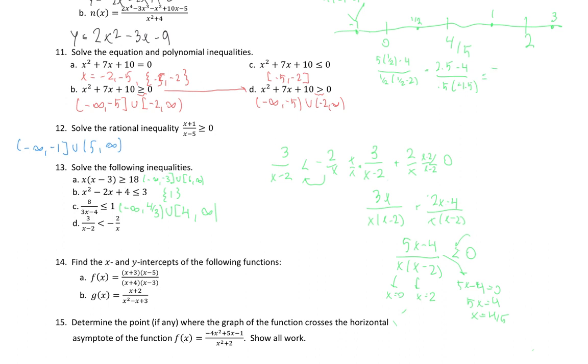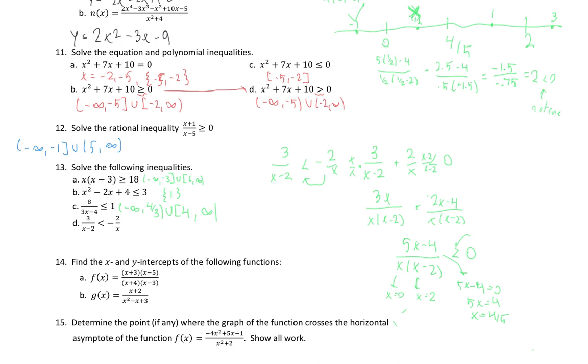On top, we'll get a -1.5. On bottom, we'll get a -0.75. And that gives us, if we put that in a calculator, a +2. And that is not true. So we're not going to include that in our interval.